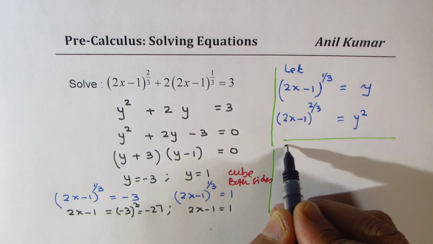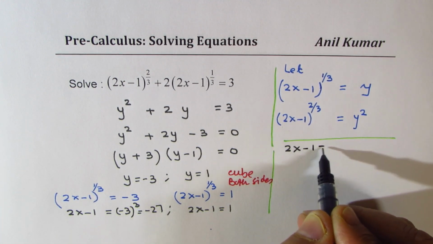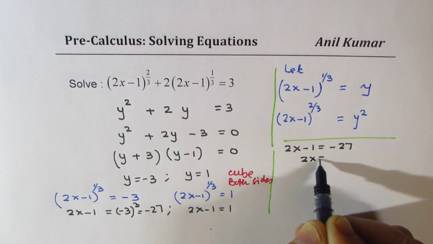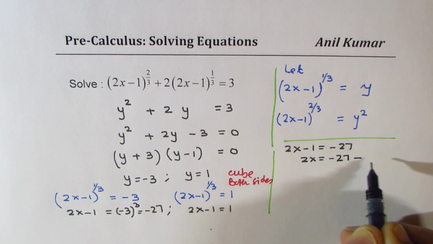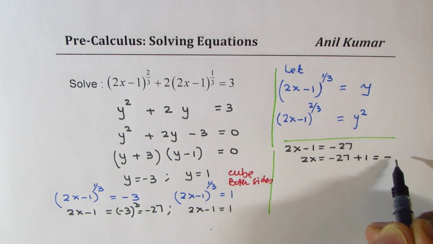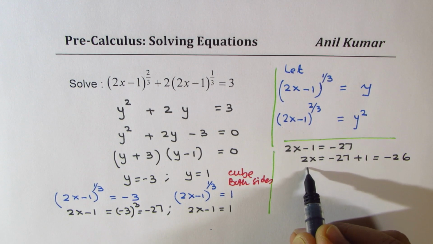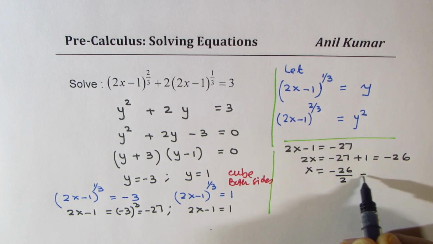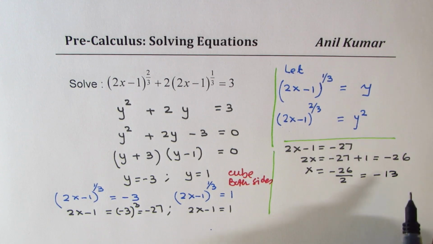So for the first one, 2x minus 1 equal to minus 27, we get 2x equal to minus 27, taking this minus 1 to this side, plus 1, equals minus 26. So x is equal to minus 26 over 2, which is minus 13, right?